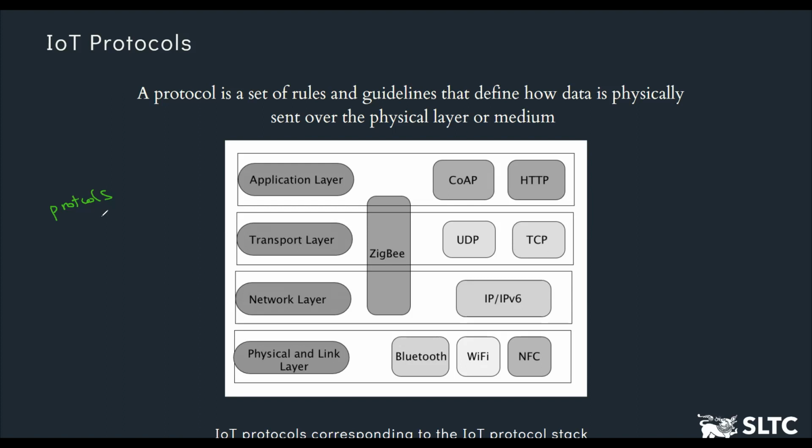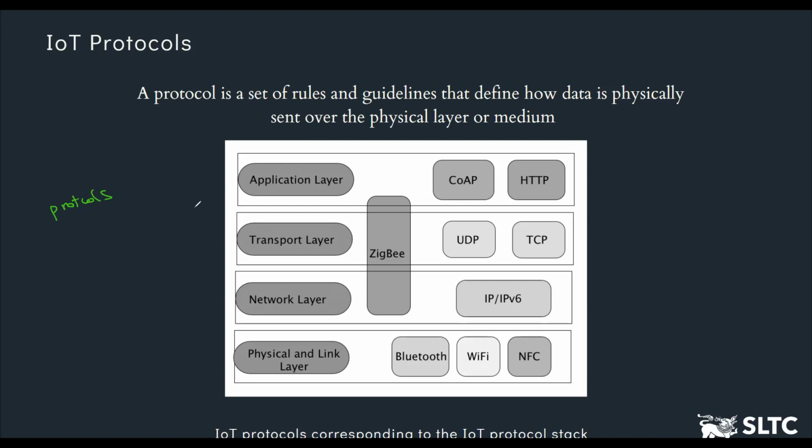The receiver can also retransmit the data using the same protocols. So the protocols help devices send data reliably from one end to the other. In IoT networks, we are using multiple protocols.